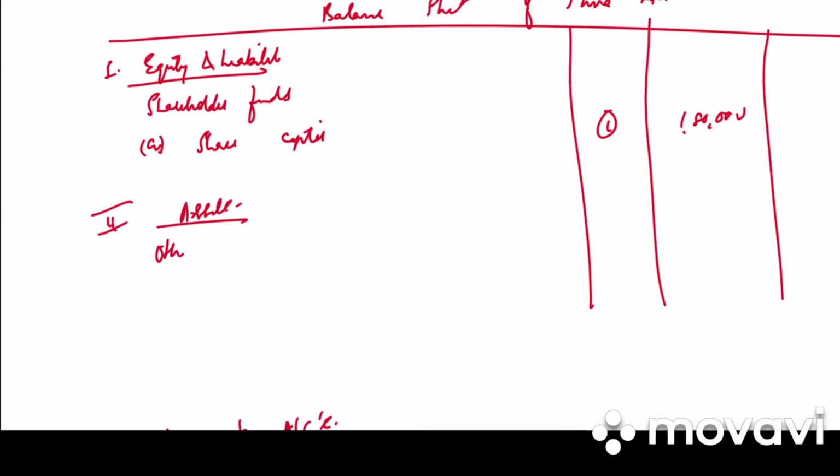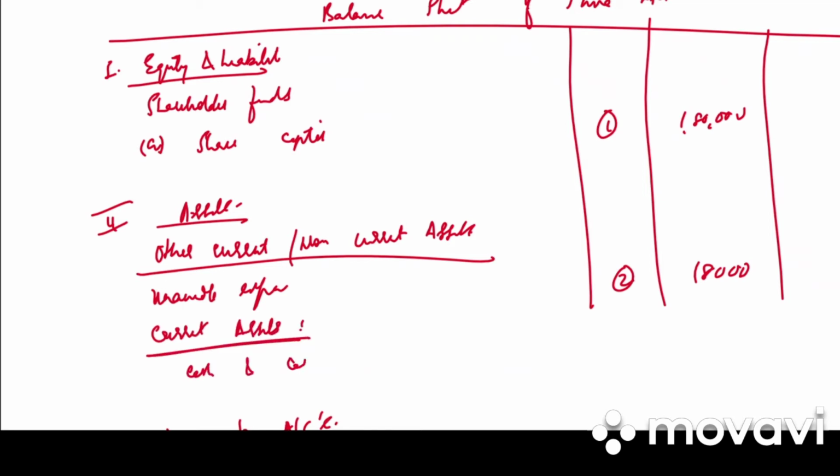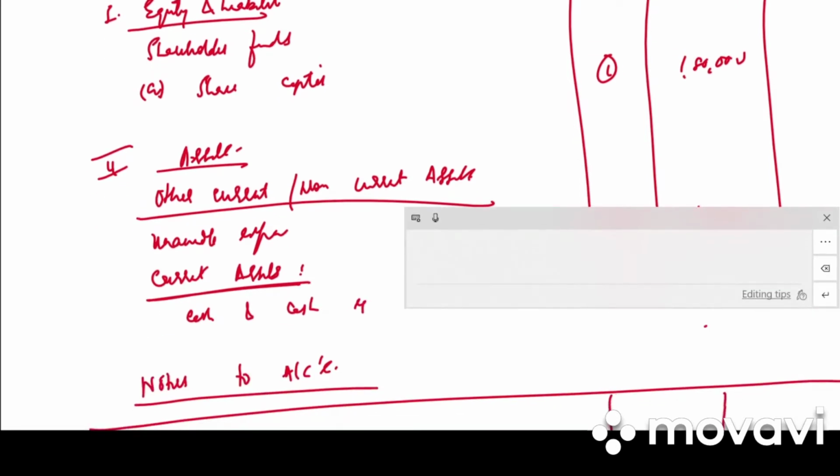Next we have, second, assets. Under that we have other non-current assets. Under that we have unamortized expenses, note number 2, 18,000. Next we have current assets. Under that, cash and cash equivalents, note number 3, 1,62,000.